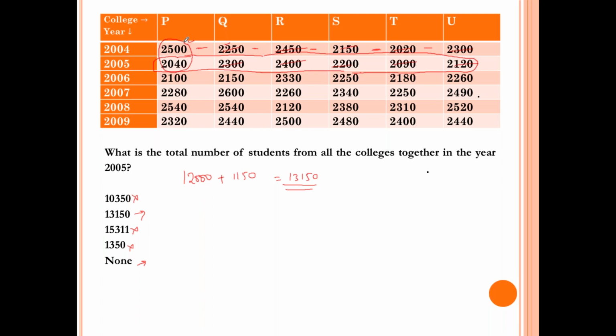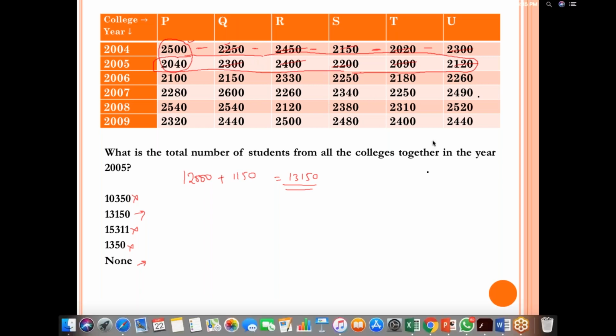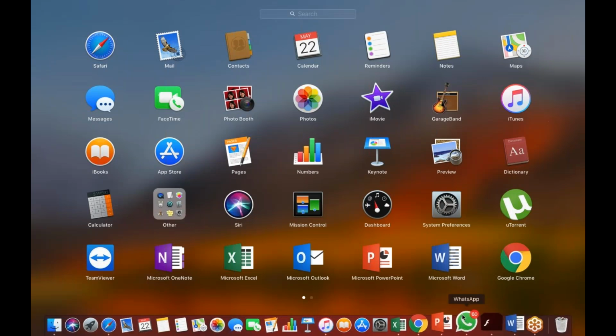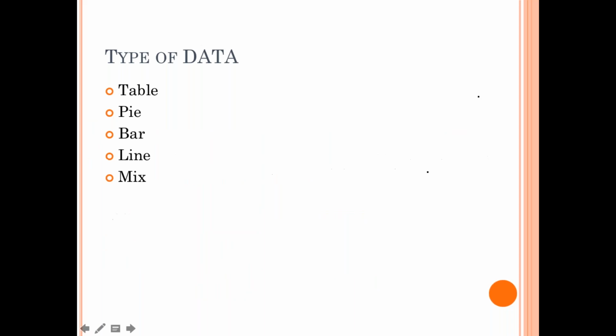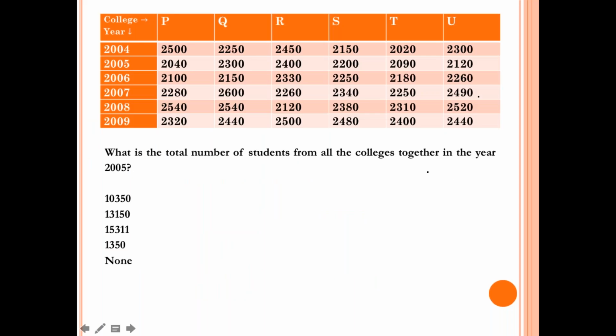If I have to calculate the difference in average of 2004 and 2005, what I will do is chuck this out, and I will be left with 50, right? See, 2200 and 2200 will go.